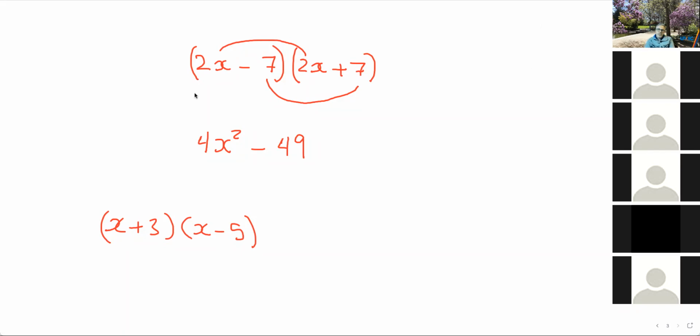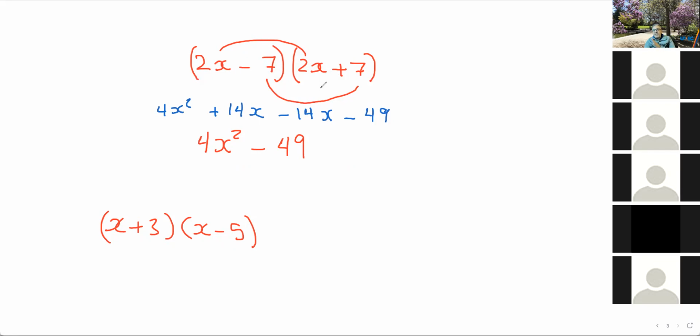Let's FOIL it the same way we did before. So we'll get 4x squared, and then plus 14x, and then minus 14x, and then minus 49. Always when you have something the same as something, but the sign in the middle is different. If it's the same, you cannot. If I make this plus, you cannot do that anymore.